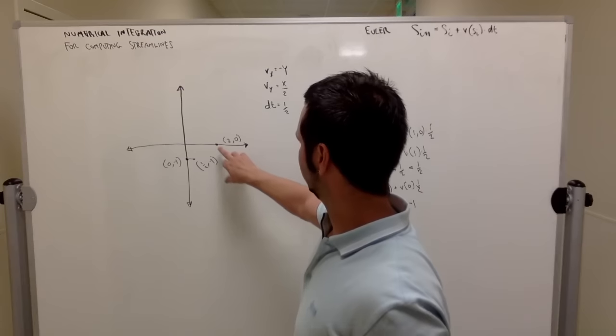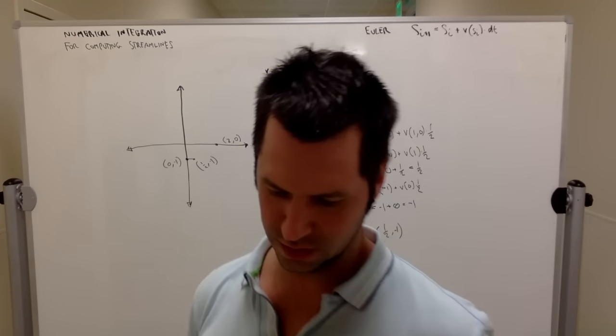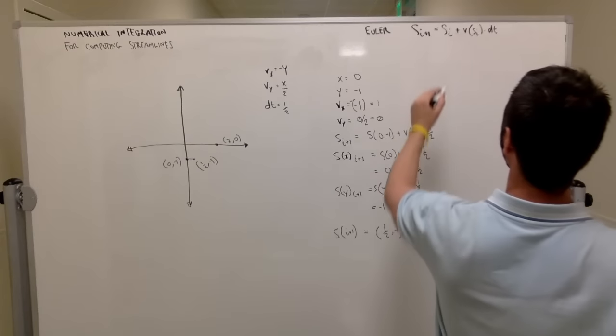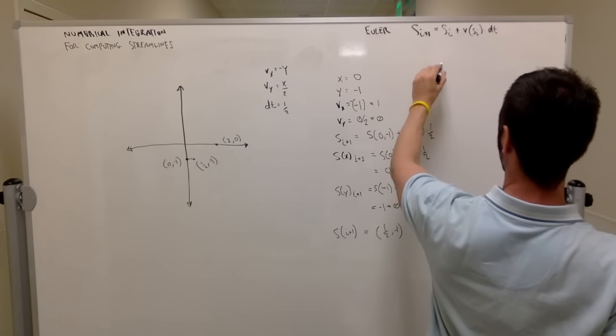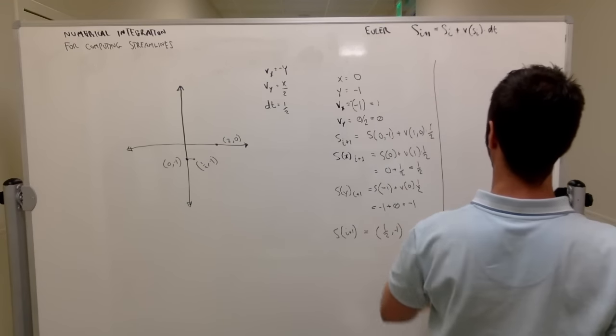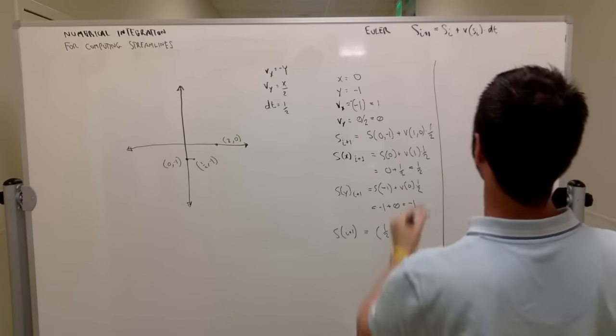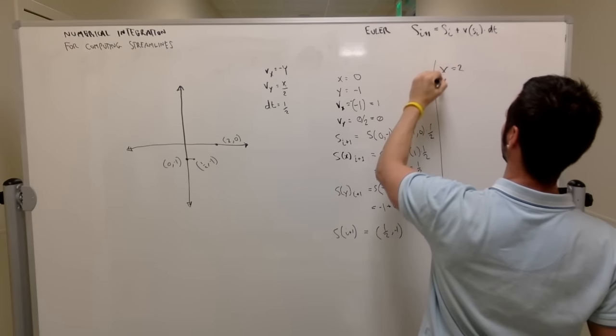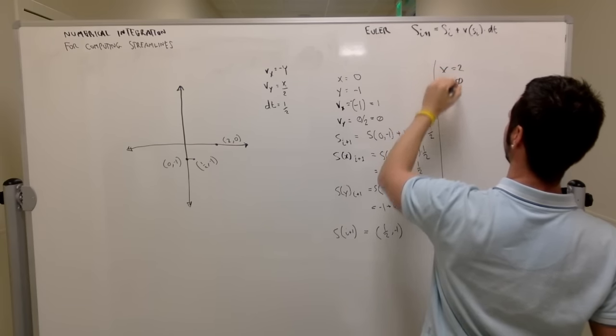Right, so there's the second seed point. This is also a very exciting second example. So in this case, x equals 2, y equals 0.